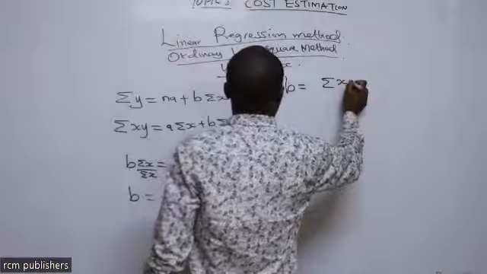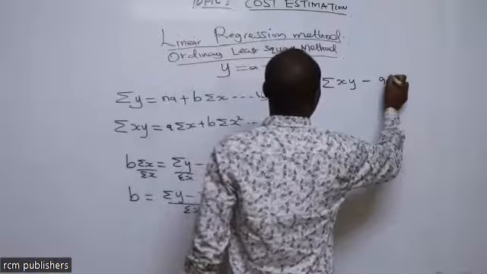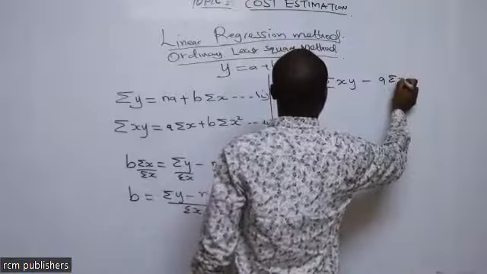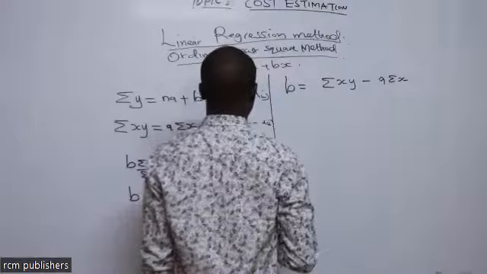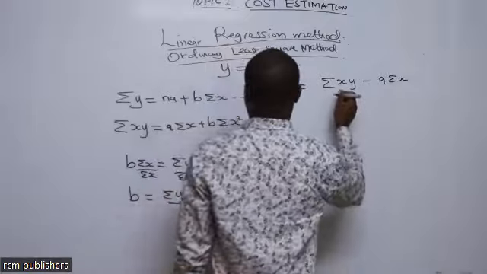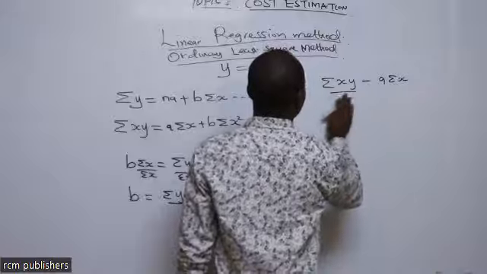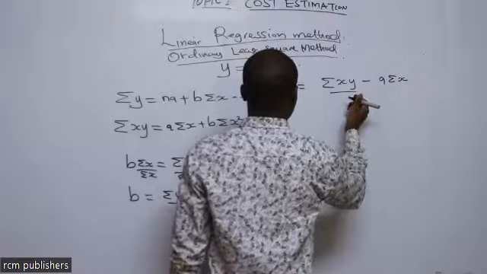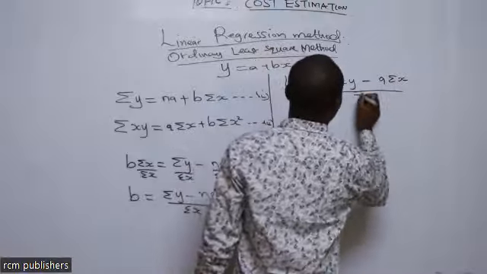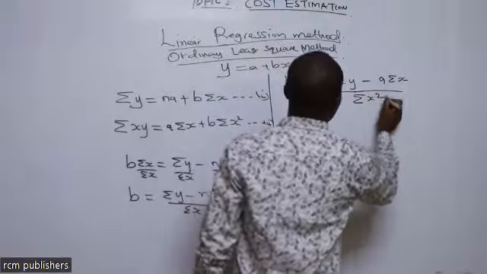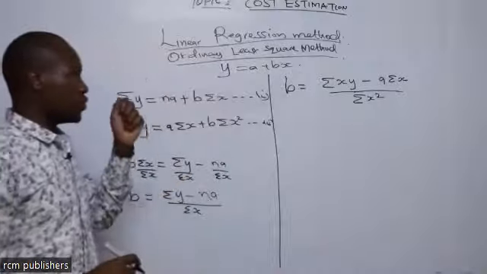Summation of XY minus A summation of X. Then we divide by summation of X squared. So we have B, and B is equal to B.